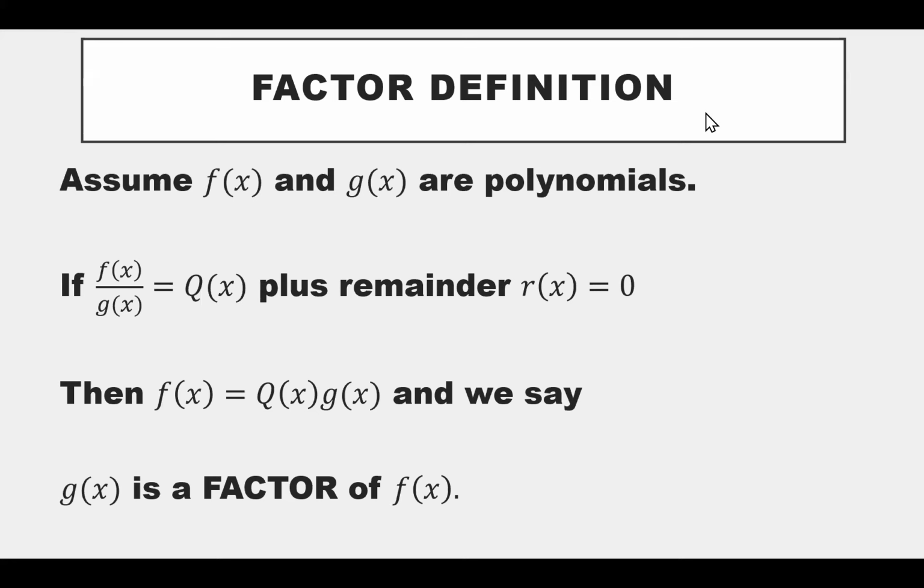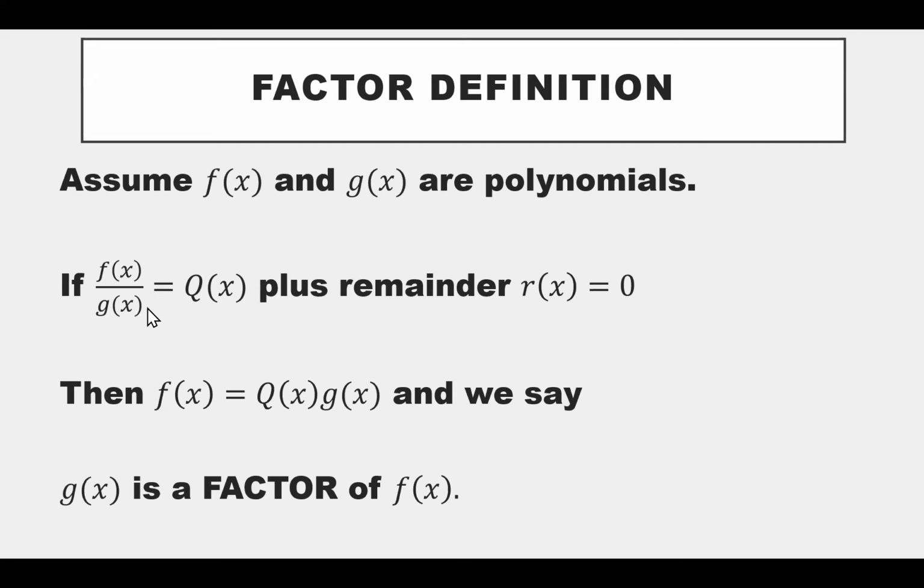And we're going to use that term factor from here and in the next few sections. And really, you'll hear that throughout your mathematical career, I'm sure. But just to restate what's going on, assume we have two polynomial functions.